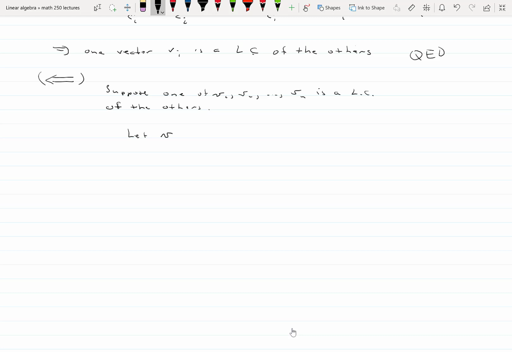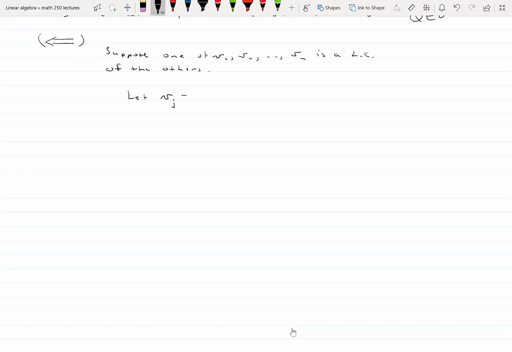Let's let v sub j be that vector that's a linear combination of the others. So v sub j is c1 v1 plus c2 v2 plus all the way up to c sub j minus 1 v sub j minus 1. Skip over v sub j because it's the one we have a linear combination of the others. So plus c sub j plus 1 v sub j plus 1 plus dot dot dot all the way up to c sub n v sub n.